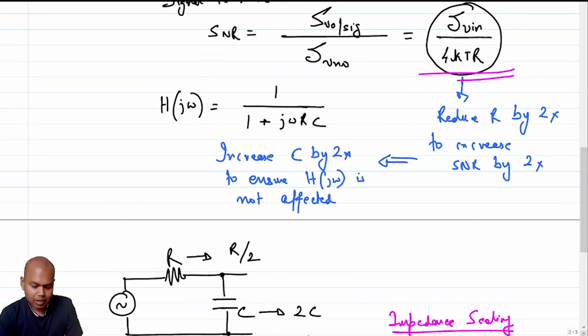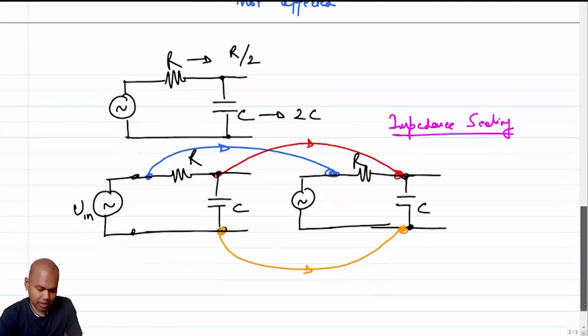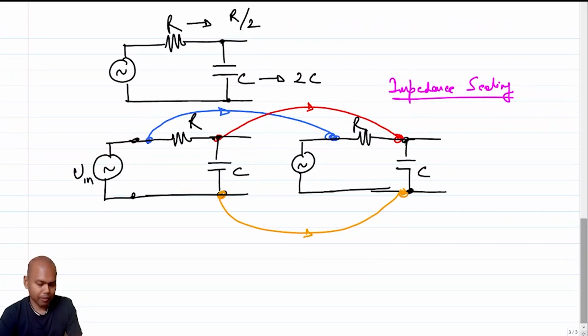Even though I just took a toy network to show you, in principle it can be shown that impedance scaling, by copying the network and pasting the same network over the original one, will always reduce noise, keeping the signal strength constant, or in other words, it will increase the signal to noise ratio.